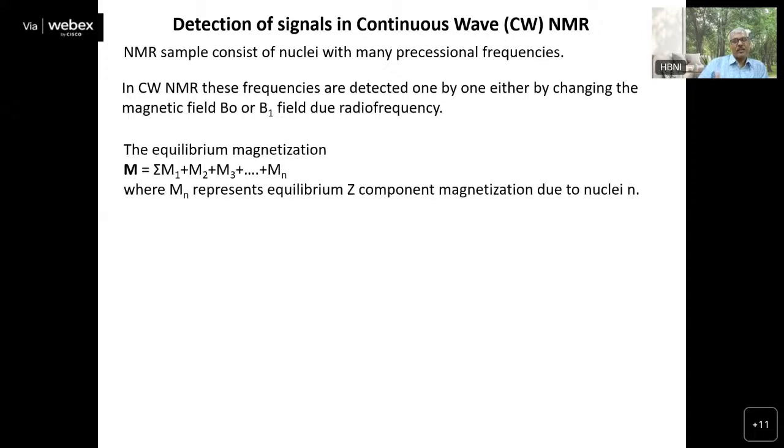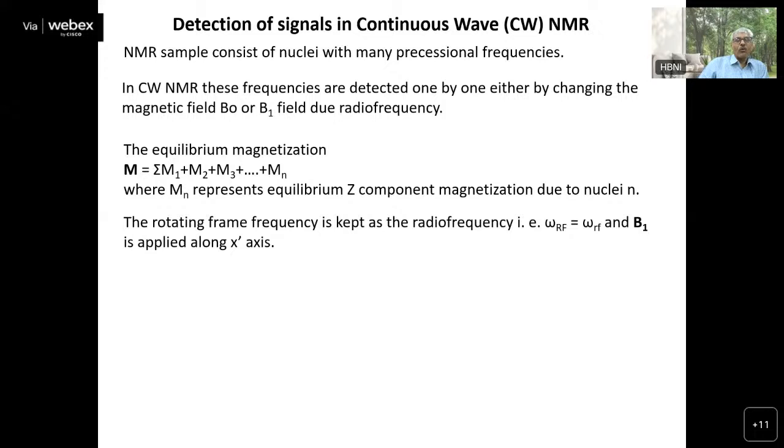You can think the equilibrium magnetization is a sum of all magnetization coming from each individual spin component. Like M1 is from spin component 1, M2 is from spin component 2, so that the total Z component magnetization is the sum of all these magnetizations, where Mn represents the equilibrium Z component magnetization due to nuclei N.